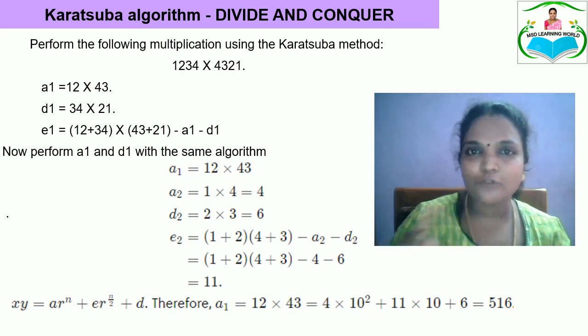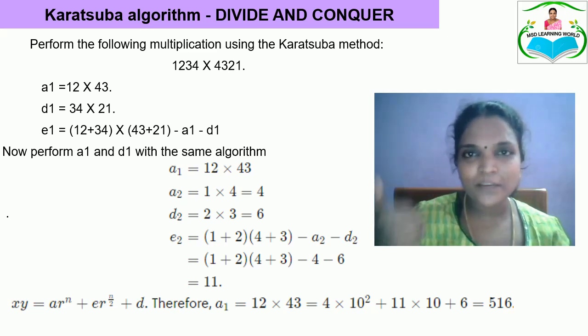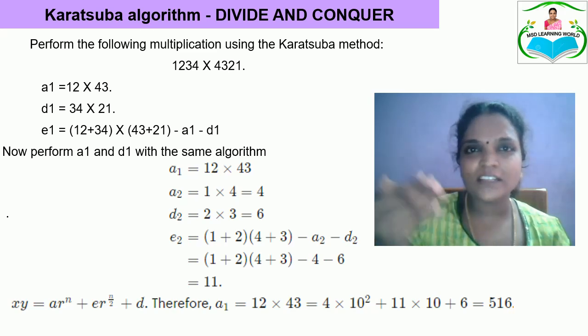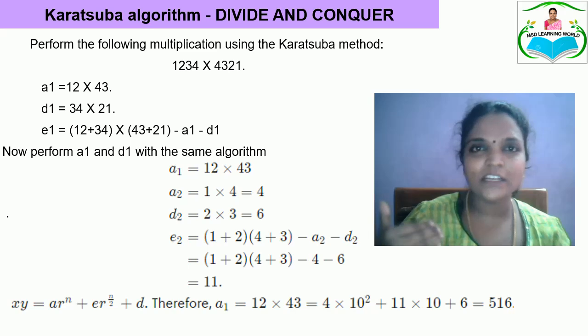Again 12 into 43. This 12 into 43 is again performed with the Karatsuba algorithm, where in this 12 the higher value of x is 1 and lower value of x is 2, and in y, 43, the higher value of y is 4 and lower value of y is 3. Similarly, again divide and conquer is performed for this 12 into 43, and you are going to solve this a1 multiplication as you are going to again find a2, d2 and e2, where a2 is higher value of x into higher value of y, 1 into 4 is 4.